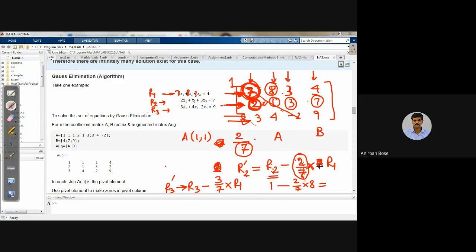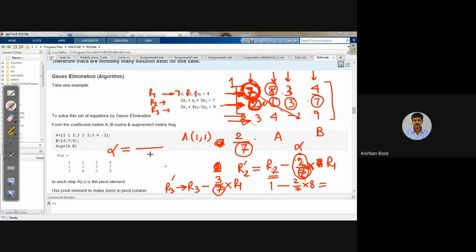Okay. So here what we are multiplying with R1, if we call this quantity alpha, tell me what is actually this alpha. This alpha is basically, in the denominator, the pivot element. You see the 7, 7.